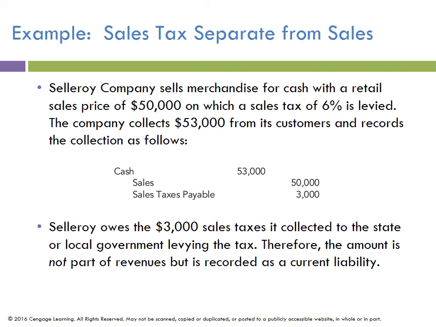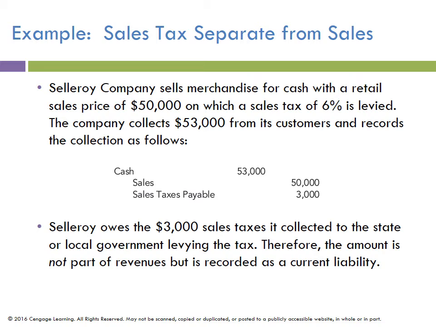Example, Celeroy Company sells merchandise for cash with a retail selling price of $50,000, of which a sales tax of 6% is levied. The company collects $53,000 from its customers and records the collection as follows. Because it's the retailer, the seller here, Celeroy, who's responsible for collecting the sales tax, their revenue is what they charge the customer for the item, $50,000.